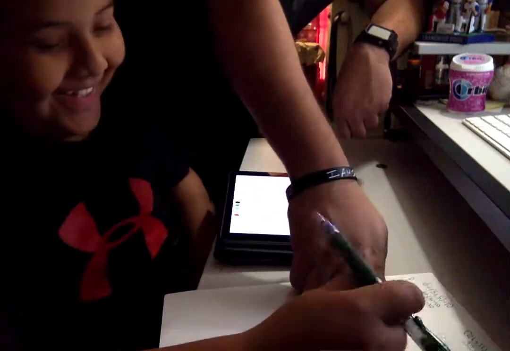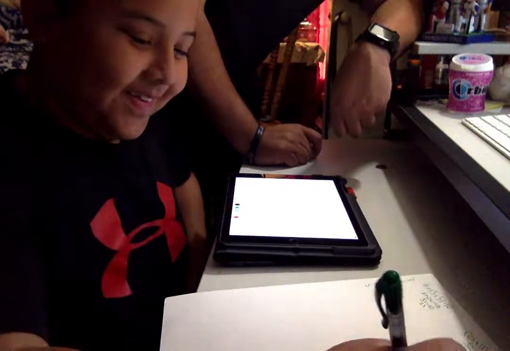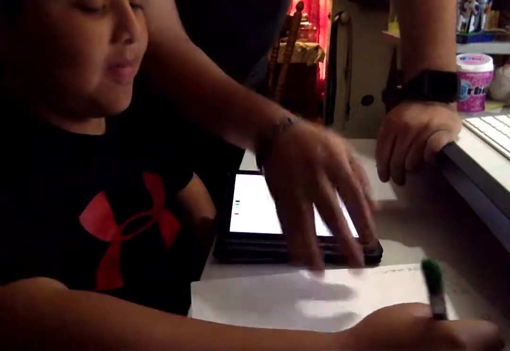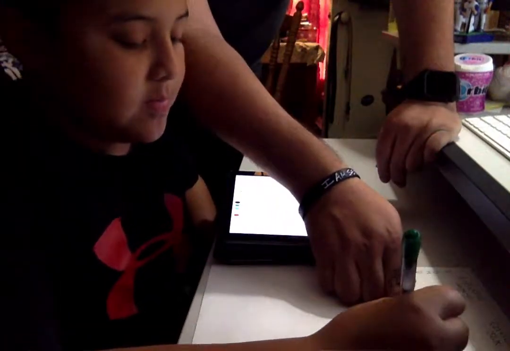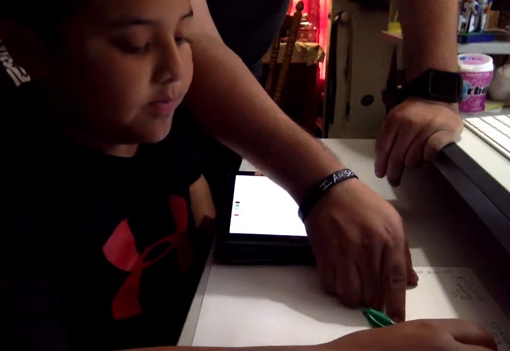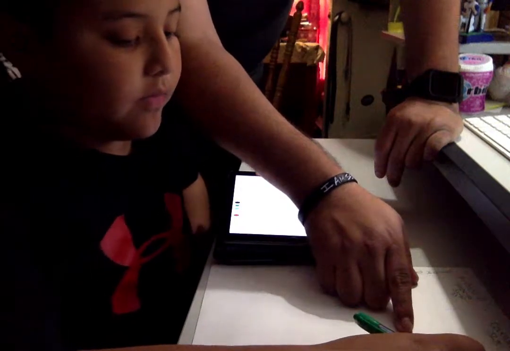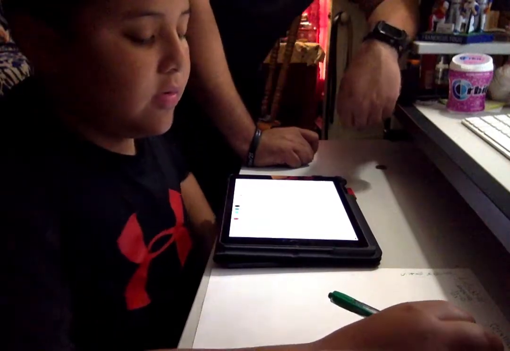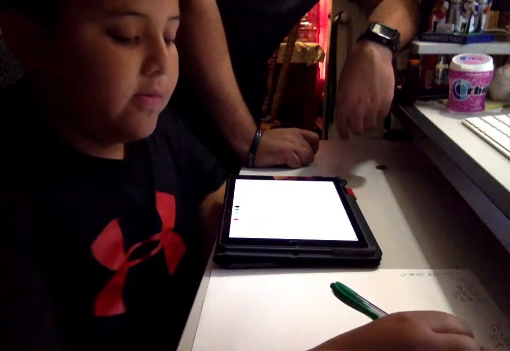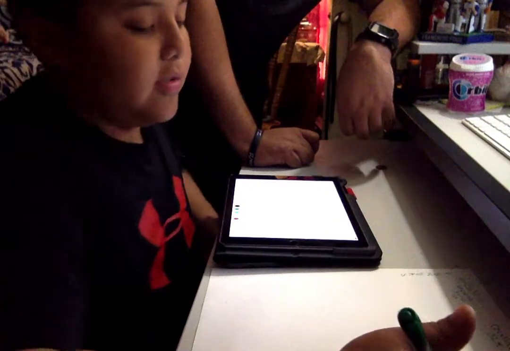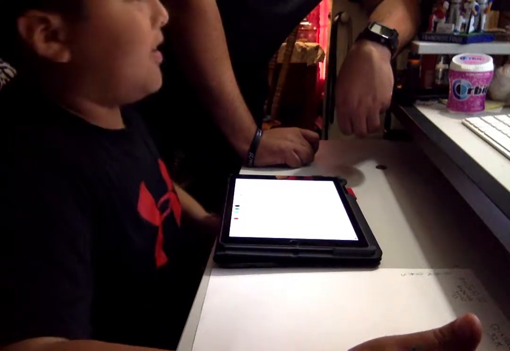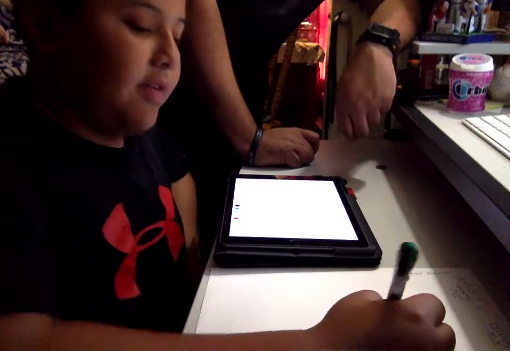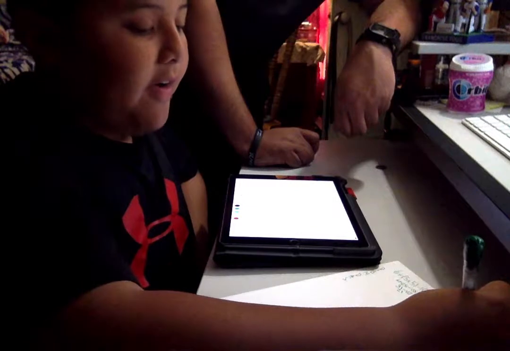We're trying to subtract. So let's do this. How many more do you need to get from 22 to 30? Count. How many do you need to get to 30 from 22? 8. So that's your answer. 30 minus 22 is 8. Put 8. Yep.